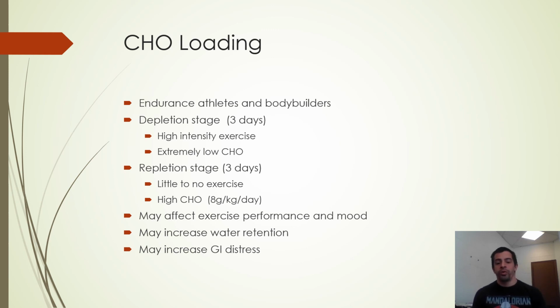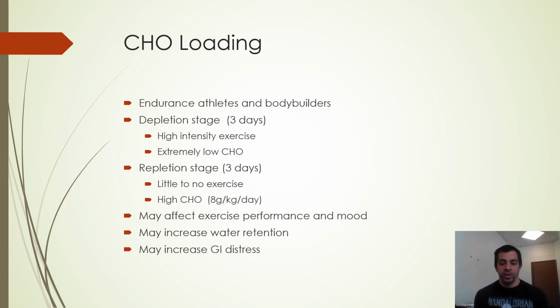Now, when you enter the repletion stage, well, what did I say? Glycogen retains water. For every 1 gram of glycogen, 3 grams of water. And if you're retaining water, this may increase your body weight. This might make you actually look a little bit more bloated. So that really affects both communities, the endurance athletes and the bodybuilders.